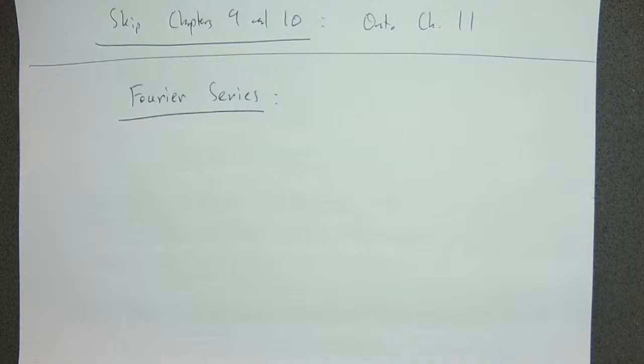Of course, this may be an infinite combination, so there may be infinite series involved. But basically, any function you can dream up, you can write as a linear combination of sines and cosines, in some way.